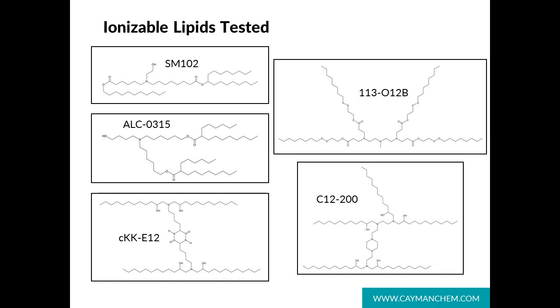So understanding the properties of LNPs generated using different ionizable lipids will be very important moving forward. For example, 113O12B in the top right has been reported to target lymph nodes in mouse studies. CKK-E12 and C12-200, both on the bottom, have been reported to induce strong cargo expression in innate cells in the spleen.